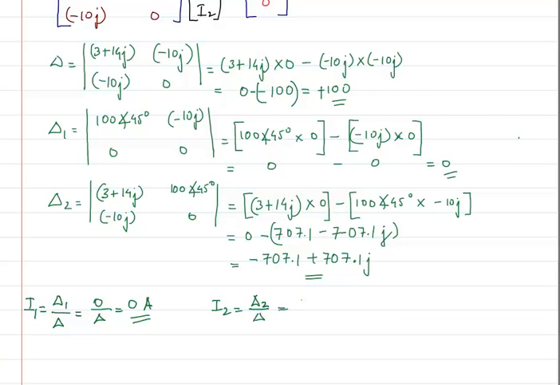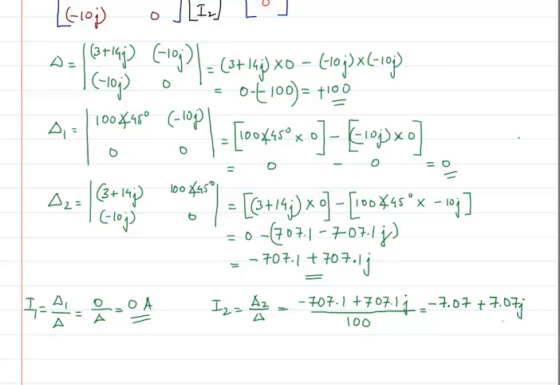We know that delta 2 is minus 707.1 plus 707.1j divided by delta, which is 100. If you do this, we will get the answer as minus 7.07 plus 7.07j.